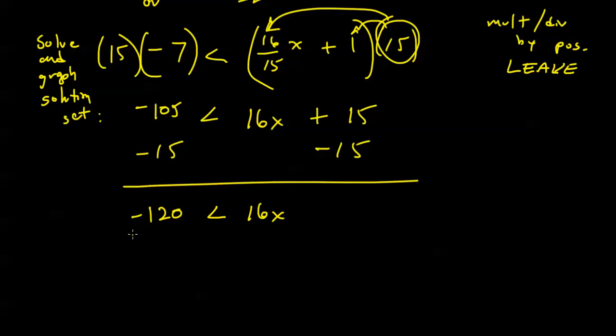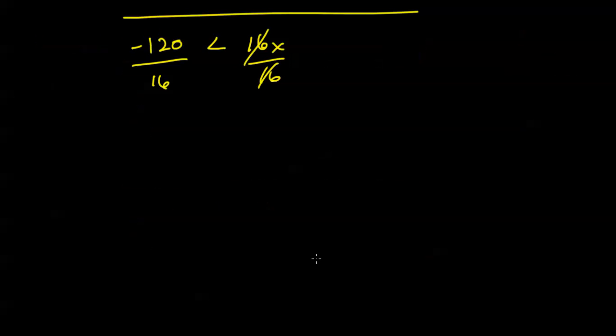Alright, I will now divide both sides by positive 16. 16's, of course, cancel on the right. So I get this statement, well, minus 120 divided by 16. Minus 120 over 16 reduces to negative 15/2.